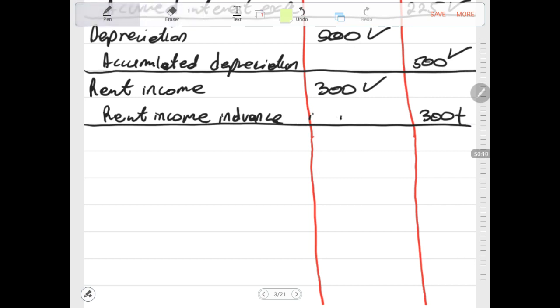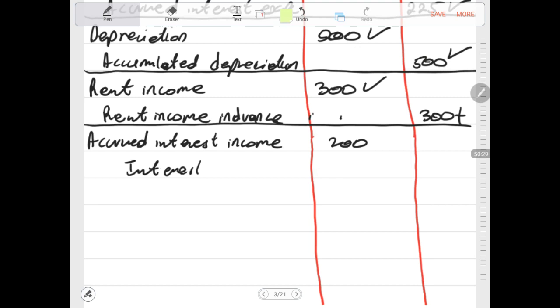So we debit our accrued income, which is accrued interest income to be specific. Accrued interest income, which is an amount of 200, and we have to increase our interest income because our interest income is supposed to include the 200, but it does not yet include the 200.